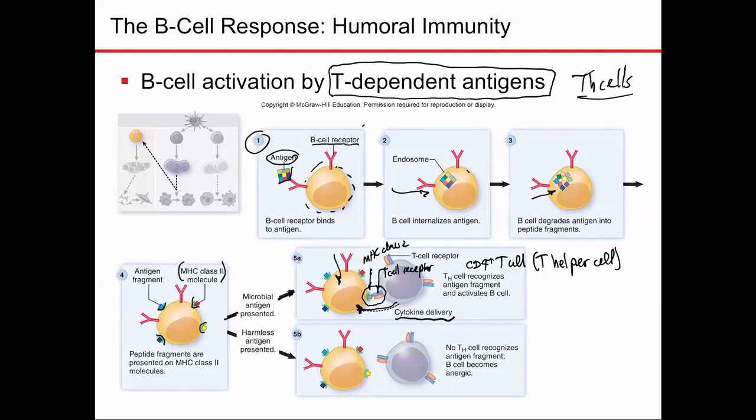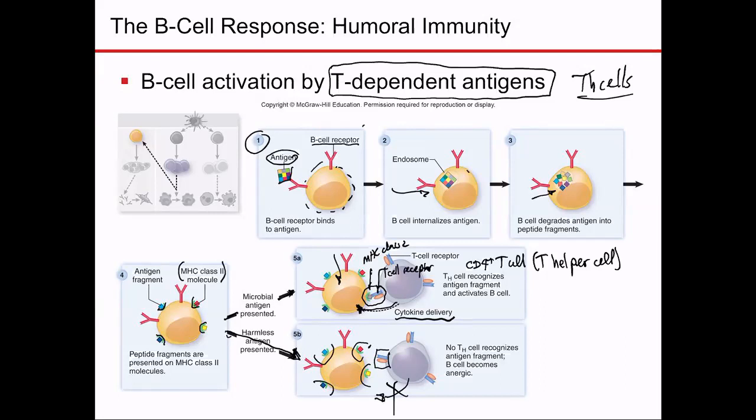Now, if by any chance the antigen that this B cell presents in the context of MHC class II is not able to be recognized by a particular T cell receptor on the surface of the T helper cell, this B cell is not going to receive the signal of the cytokines required to proliferate and differentiate.